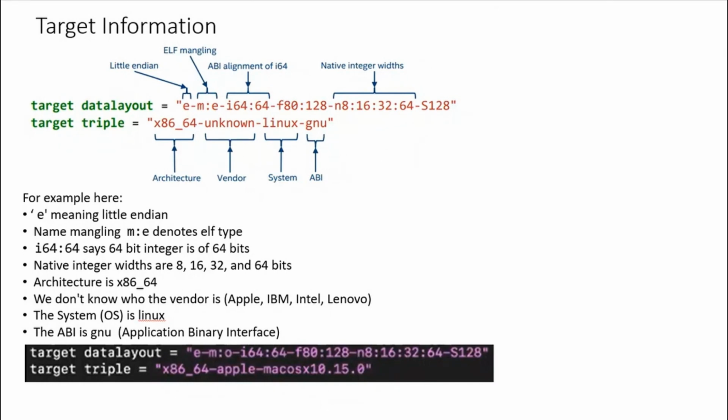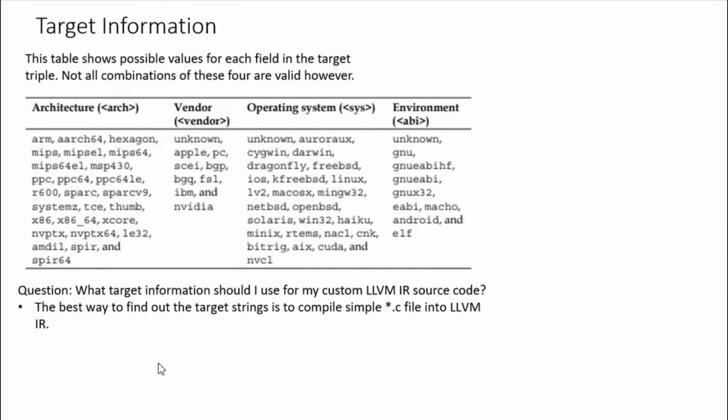And then this table shows the possible values of each field in the target triple. So not all combinations of these four are valid, however. For example, some architectures do not support specific operating systems or ABIs. But this is just a table for reference of common values that you might encounter.